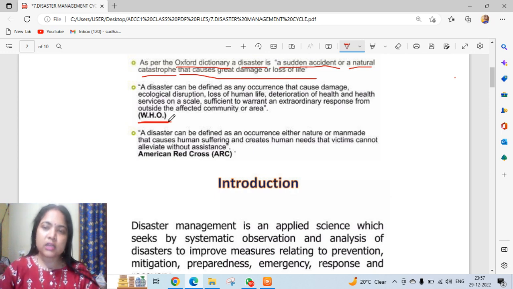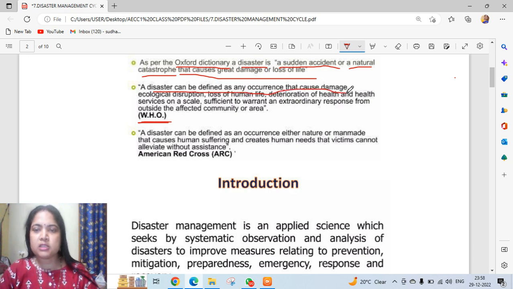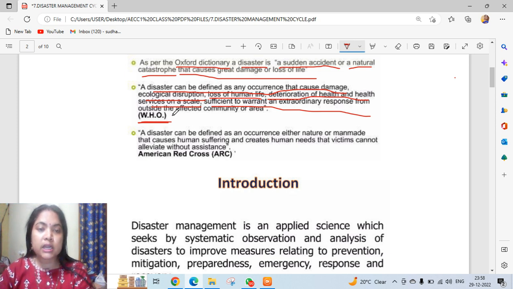According to that organization, a disaster can be defined as any occurrence that causes damage, ecological disruption, loss of human life, and deterioration of health and health services on a scale sufficient to warrant an extraordinary response from outside the affected community or area.